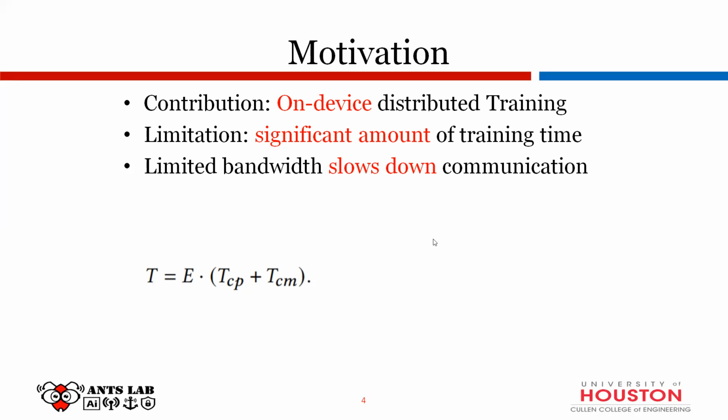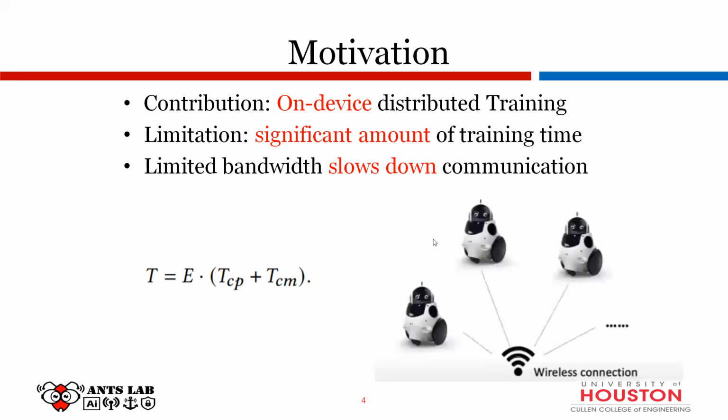If we have slow communication and a high amount of training time, it will slow down the training process. And this gives an example of how distributed training is used with Wi-Fi, which is another big challenge when it comes to limited bandwidth.